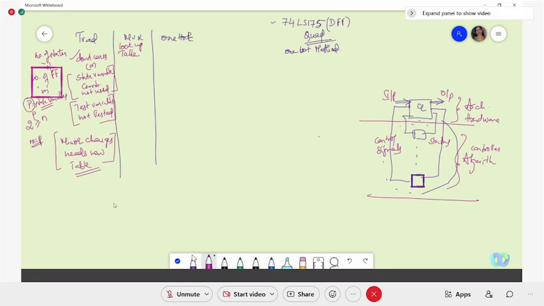Now, the size of the multiplexer you are taking will depend on the number of states or state variables. How many they are decides the size of the mux. And each mux will have one flip-flop, that is your D flip-flop by default.